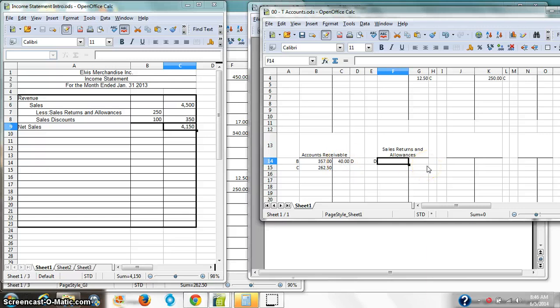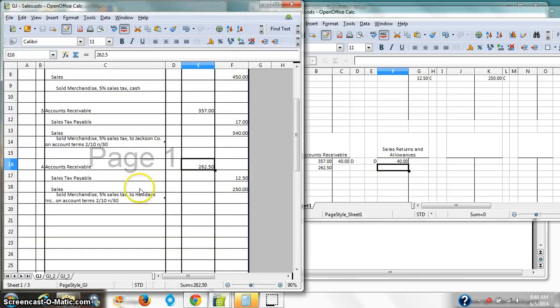And then I'm going to debit sales, returns, and allowances, because the more sales, returns, and allowances I have, the bigger this account is going to be. If I had $340 worth of returned merchandise, this would go up by that amount. So that's how sales, returns, and allowances works.